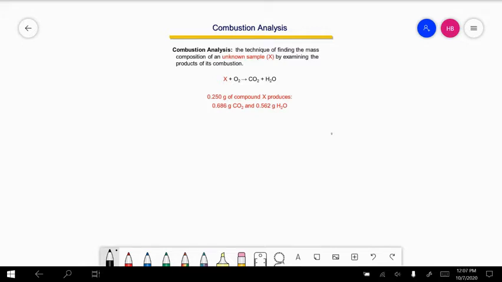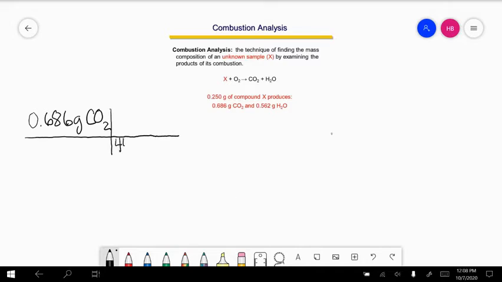And in this case, the element had only carbon and hydrogen. Because I know it only had carbon and hydrogen, the carbon dioxide, which is 0.686 grams, contains all of the carbon that was in that hydrocarbon.